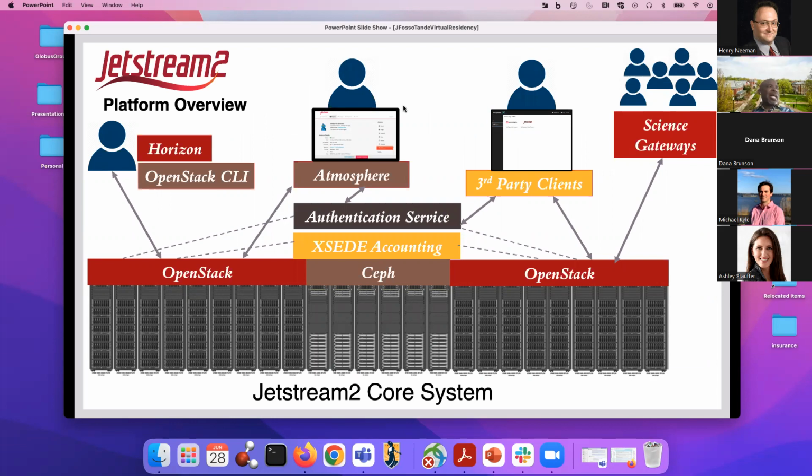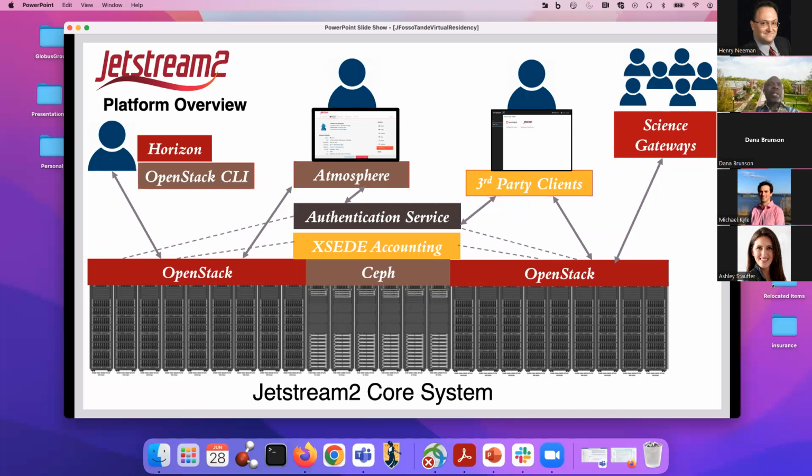Jetstream 2, I'll say, is the NSF equivalent of cloud computing. So we have the public clouds, Amazon, Azure, and Jetstream is the NSF version of those. Jetstream 2 is the successor to Jetstream.